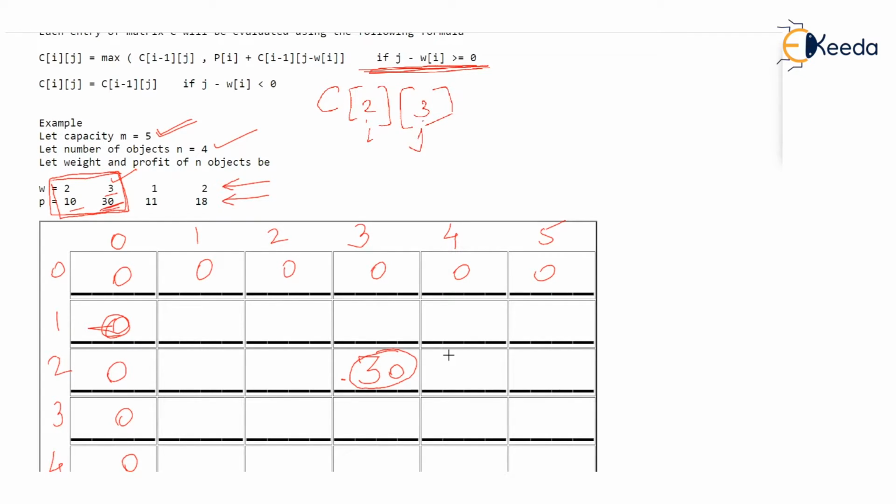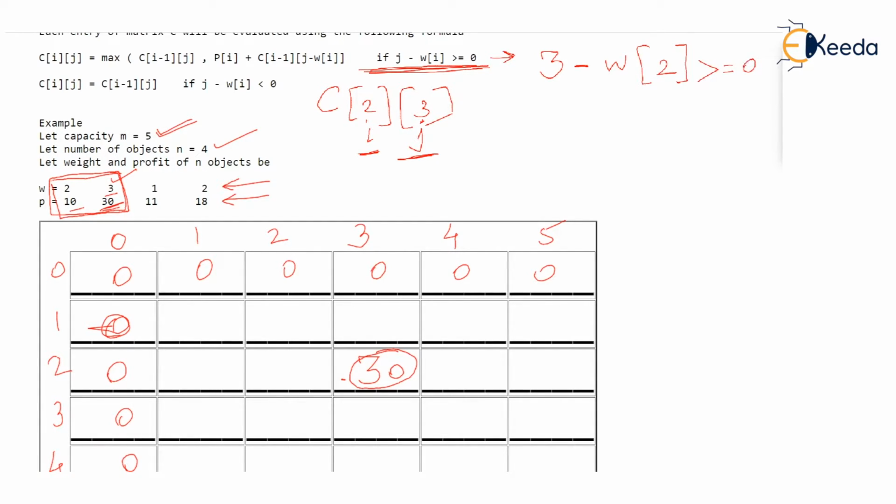So basically, j indicates the capacity of the knapsack and i indicates the number of objects that you are allowed to fill. So the if statement is going to check if j, that is 3, minus wi, where i is 2, so 3 minus w2, is greater than or equal to 0.